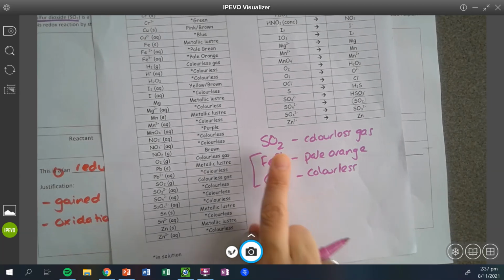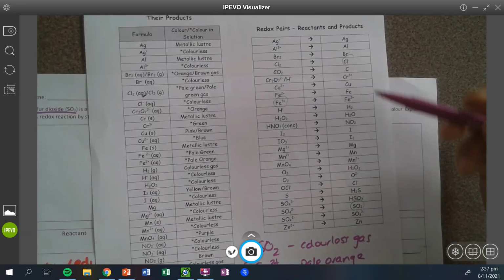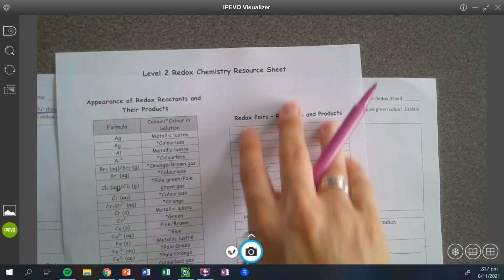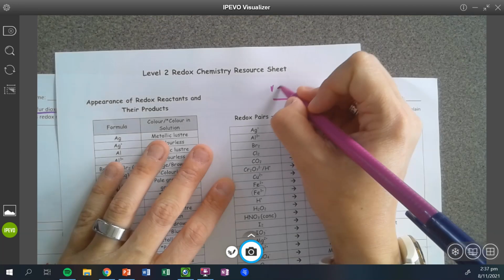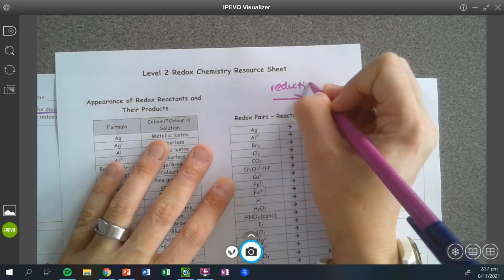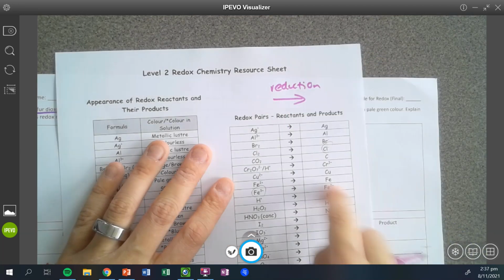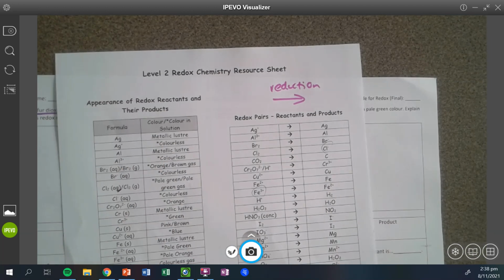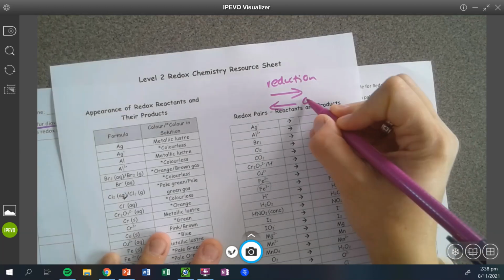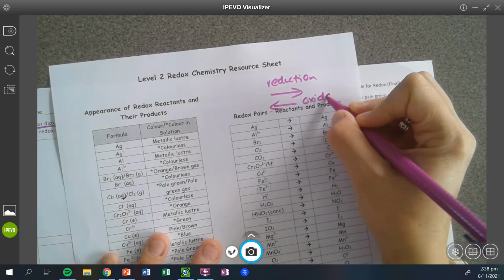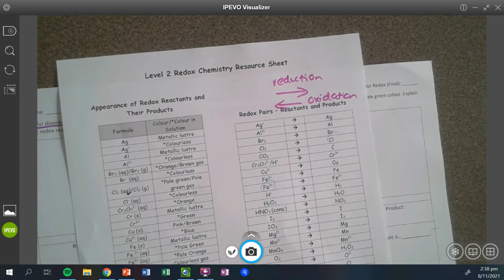All right, now I want to look at them under this redox pair list. If something's going forward, that is the reduction reaction. So all of these are ordered in the reduction reaction. However, we know with redox I have to have one oxidation and one reduction. So if I go in reverse, that's going to be my oxidation reaction. Are we okay with that so far? All right.